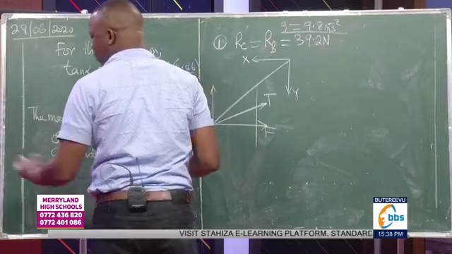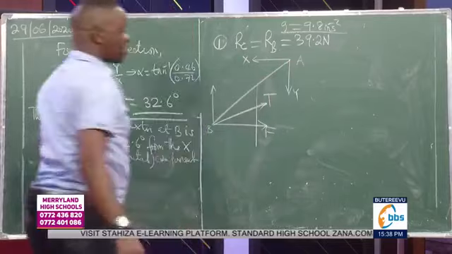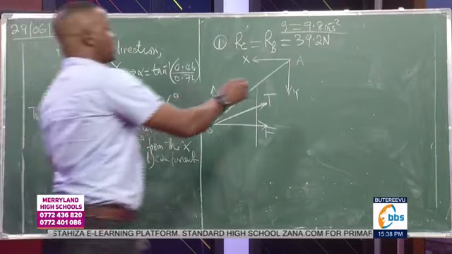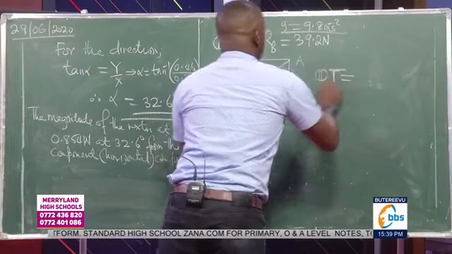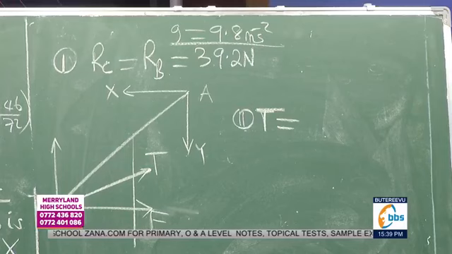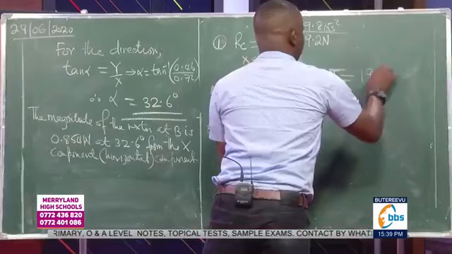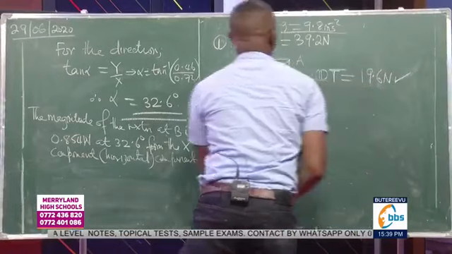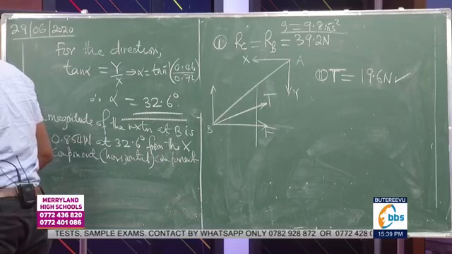If I took one of the rods, say B, A. The rods were jointed at A. So the tension, which is part 2, I'll simply give you the answer. You should have got the tension as 19.6. If you got the tension as 19.6, then you also got that right. You nailed it.